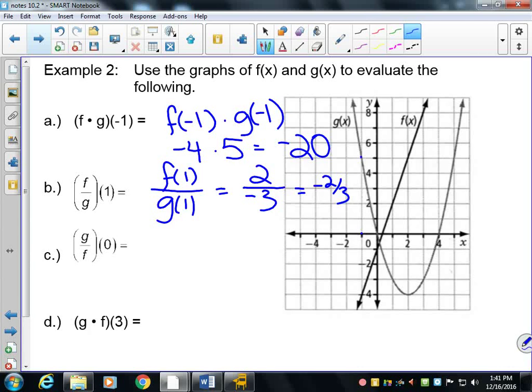G divided by f of 0. So that's g of 0 divided by f of 0, right? What's g of 0? And f of 0. And so 0 divided by negative 1 is, okay.